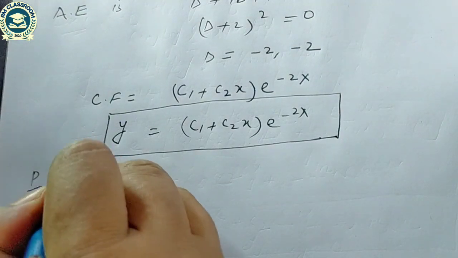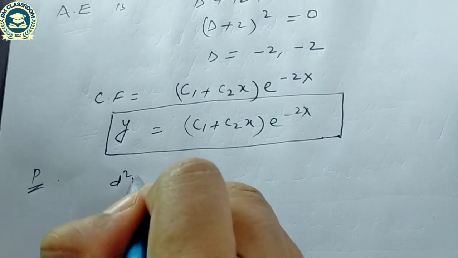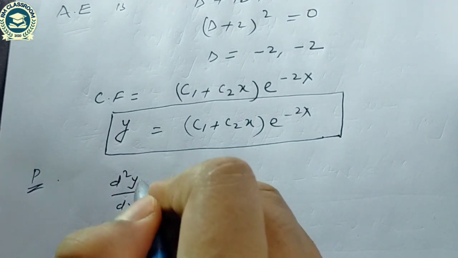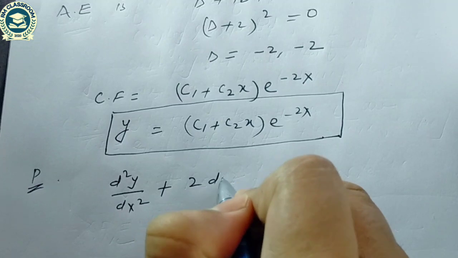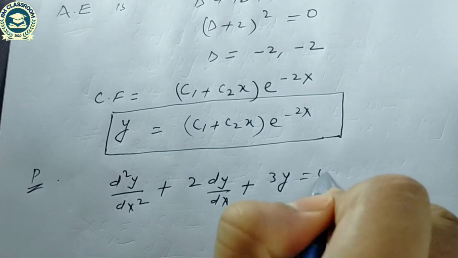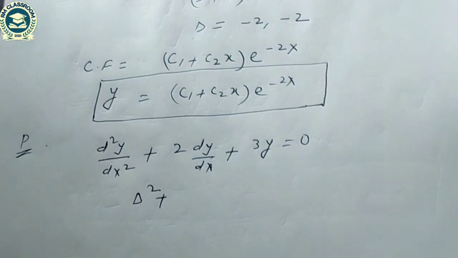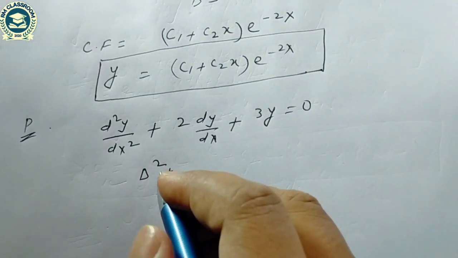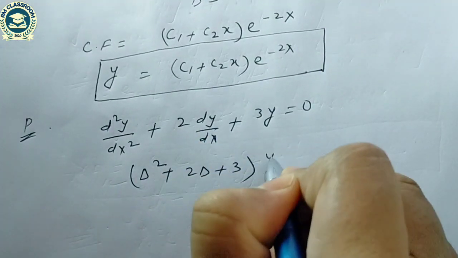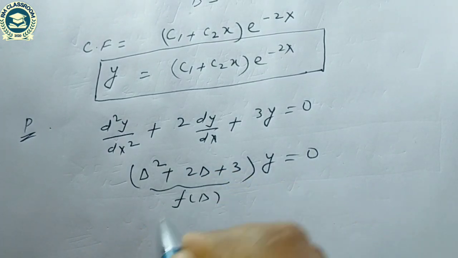Another problem, if I solve d2y by dx square plus 2 dy by dx plus 3y is equal to 0. So we can write (D square plus 2D plus 3) y is equal to 0. This is f(D) y is equal to 0.